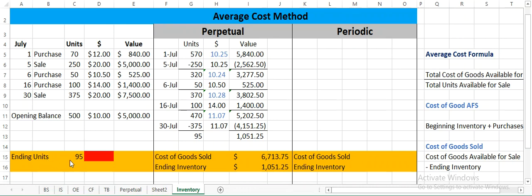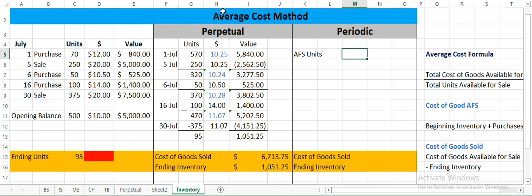We need to figure out our available for sale figures. I'll put all that in the periodic section because it's definitely different from what happens with perpetual. As we said, calculating the available for sale is always beginning inventory plus purchases. For the units, we pull out the beginning plus any purchases made for the entire month, because we're doing all of this at the end of the month.